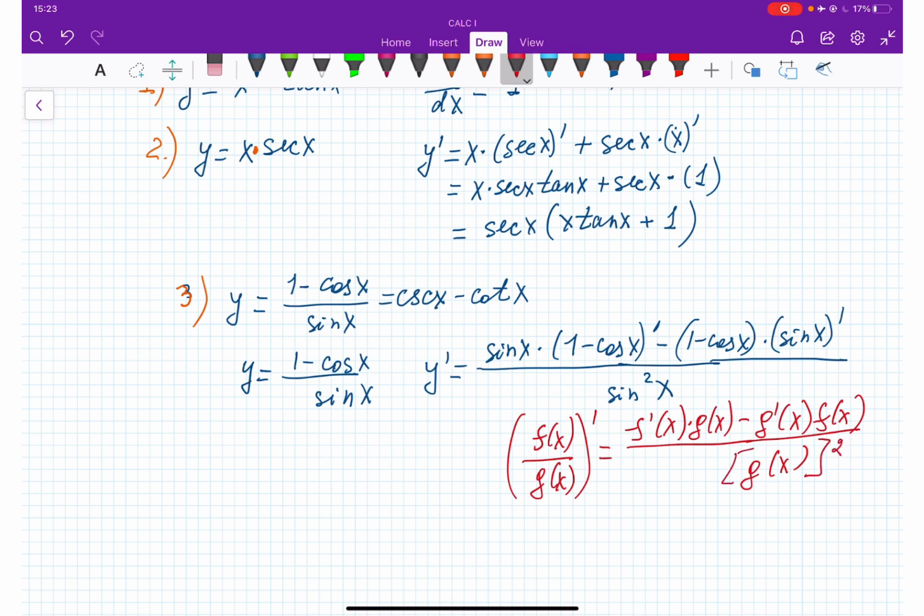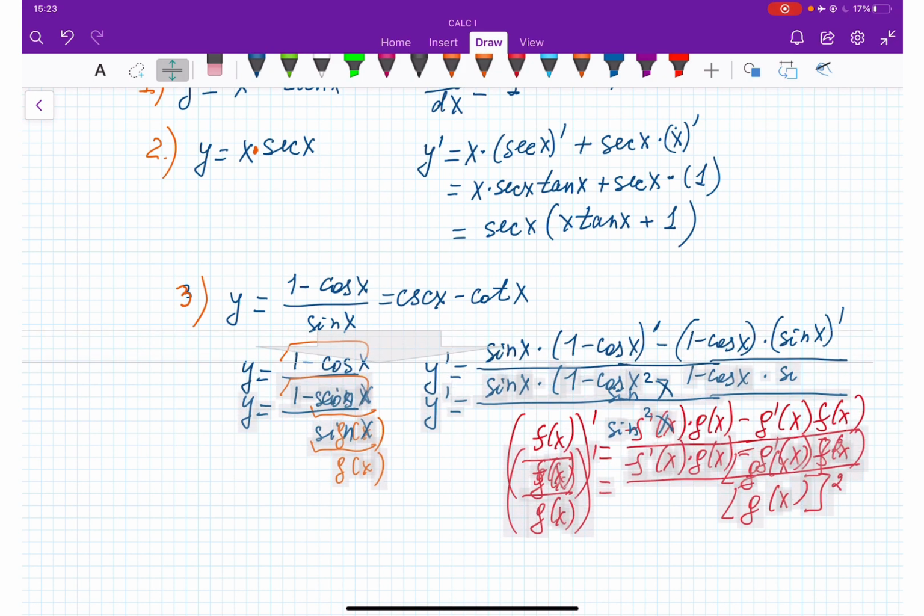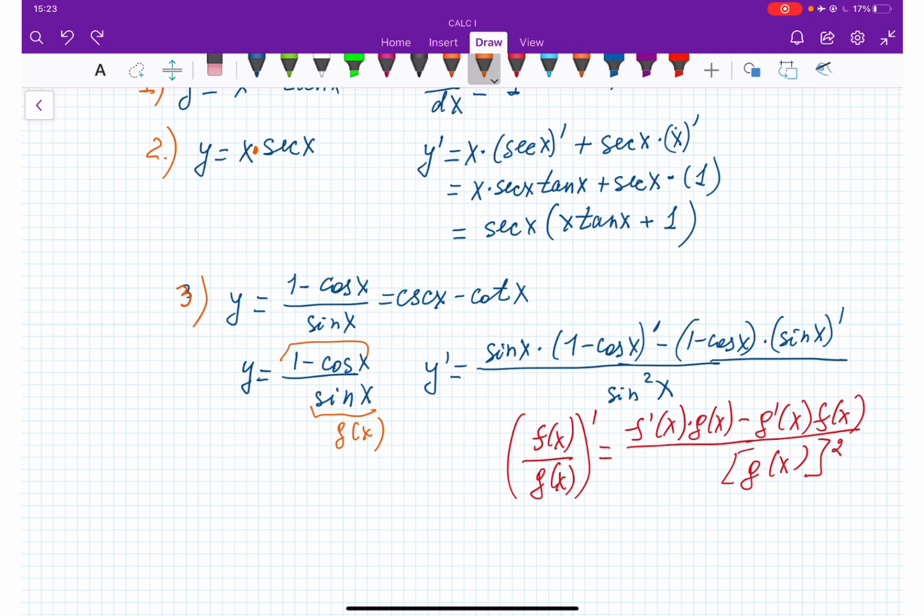Okay, that's the rule I just applied. Here we have g of x times f of x prime minus f of x times g of x prime.